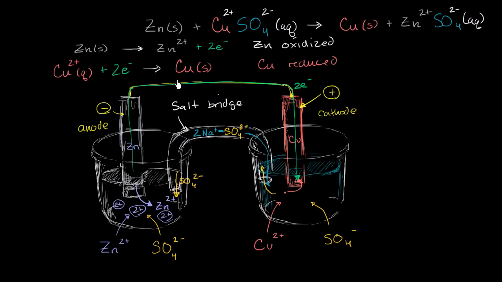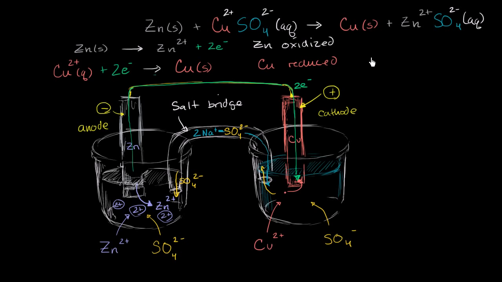So you would get it for this reaction right over here, for the copper ion with an oxidation number of +2 to grab these two electrons and turn into solid copper, relative to what they call the standard hydrogen electrode.